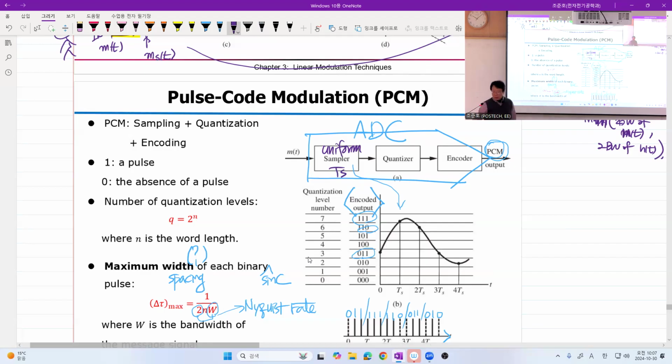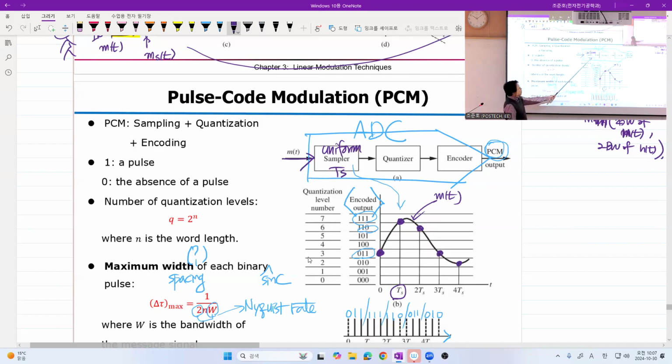For example, suppose this is m of t coming here. A uniform sampler with sampling period Ts evaluates, which means it takes the values of this signal at a uniform rate.